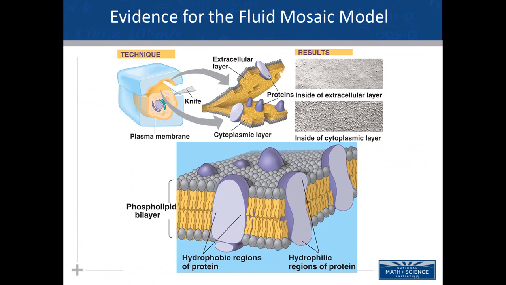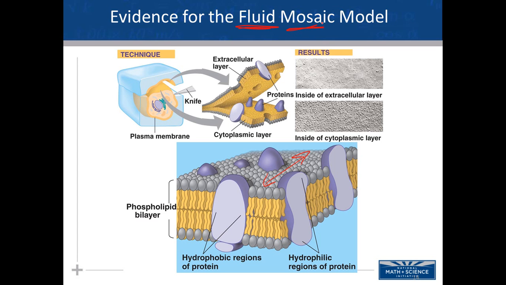So we call the model of the plasma membrane the fluid mosaic model, and we gave you evidence about why it's fluid. That means that these phospholipids have lateral movement and are able to move from one side of the cell to the other side of the cell. The mosaic part refers to the proteins that are inserted into the plasma membrane.